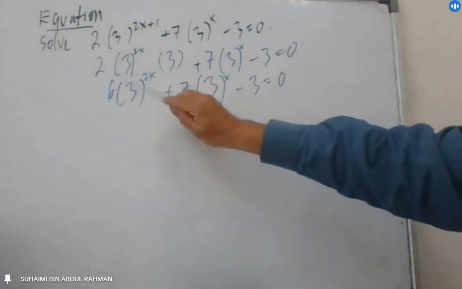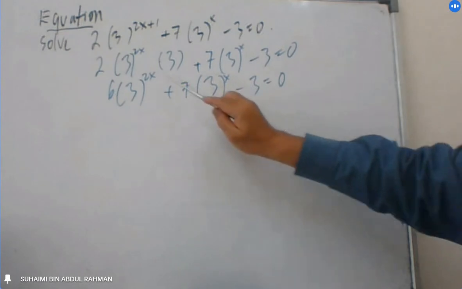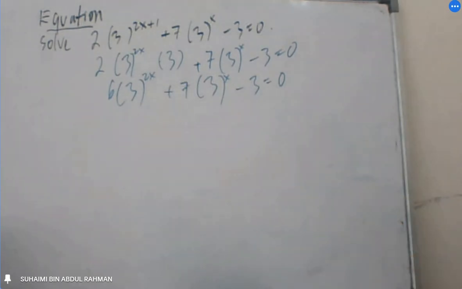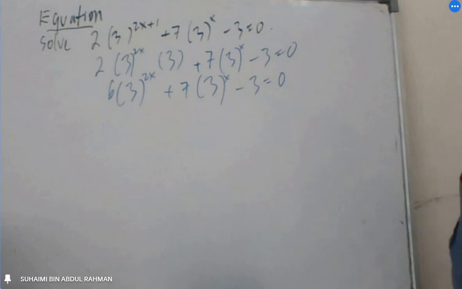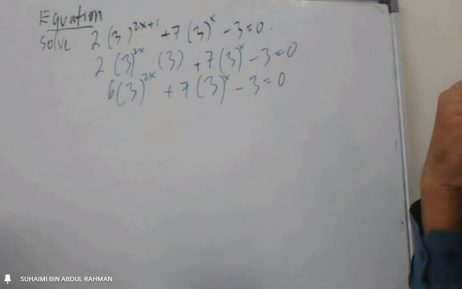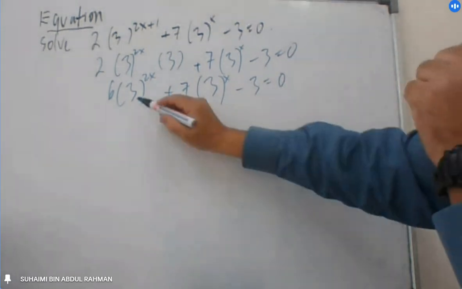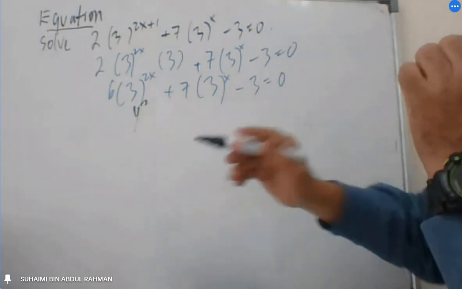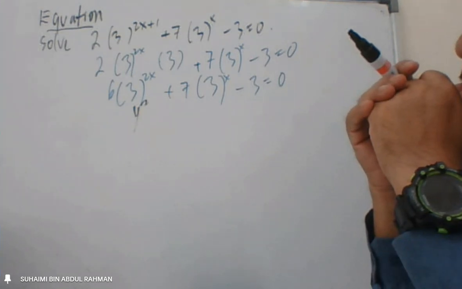But how do you get this? This one is 3 to the power of x, so that one will be y to the power of 2. Factor, sir, factor. Then 3 to the power of x will be y.